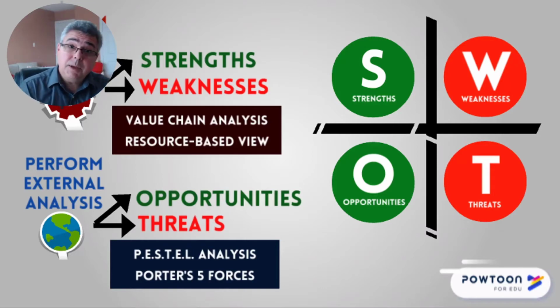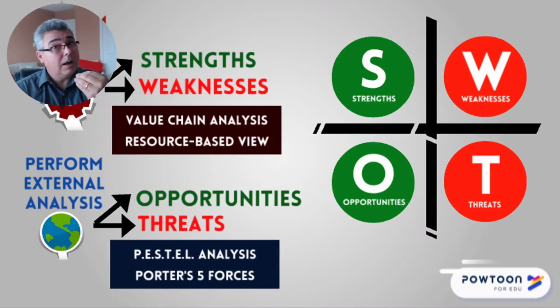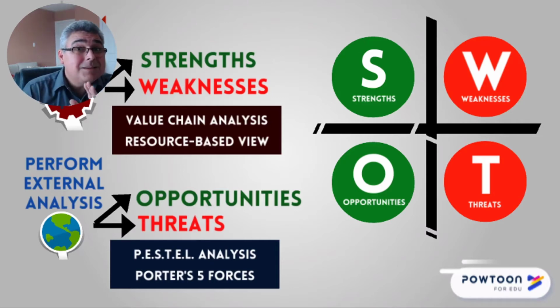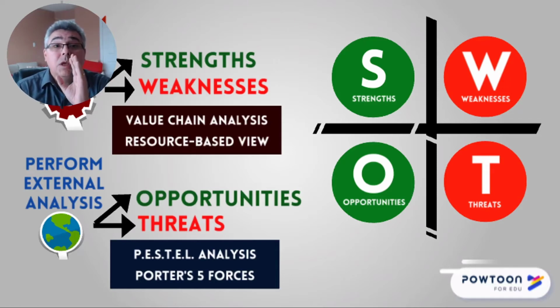The same thing for the external: things that help the company are called opportunities, and things that hurt the company's performance are called threats. That is a professional SWOT analysis. From there you'll be able to design and elaborate strategies to increase the company's performance, to put the company in a better competitive position.